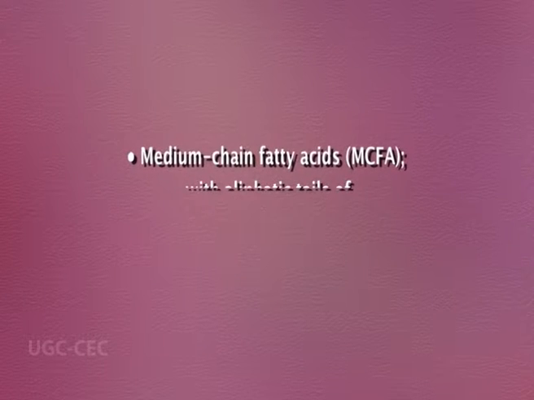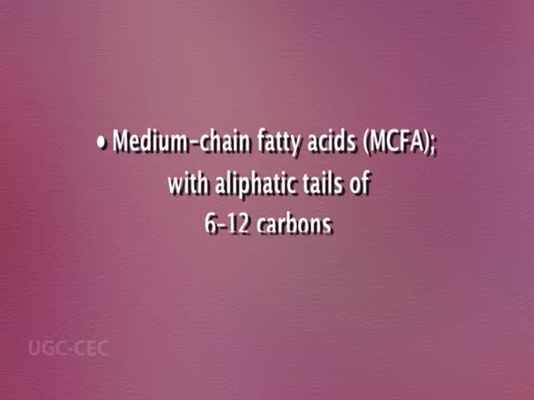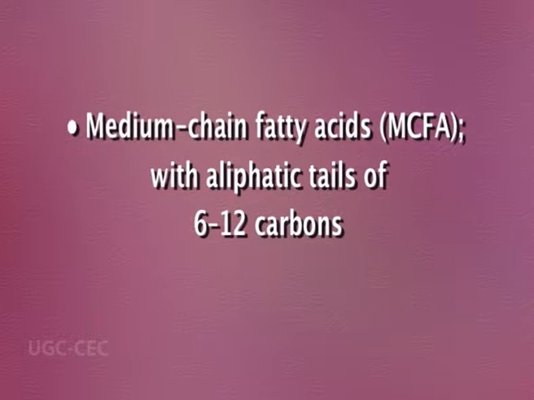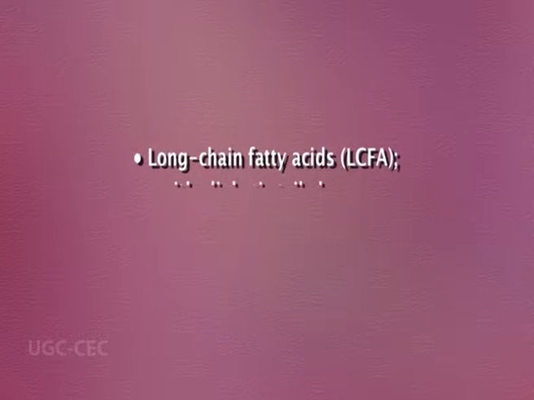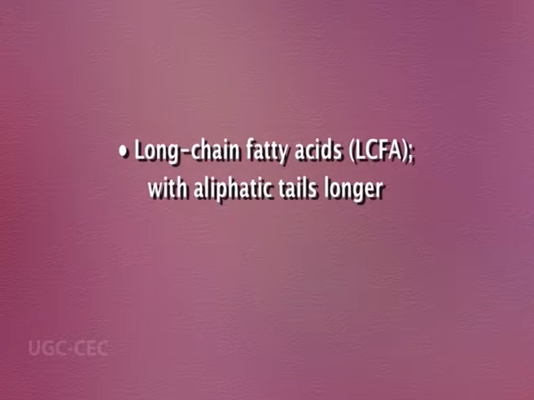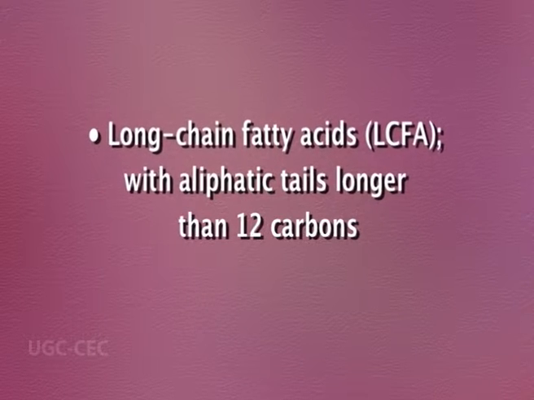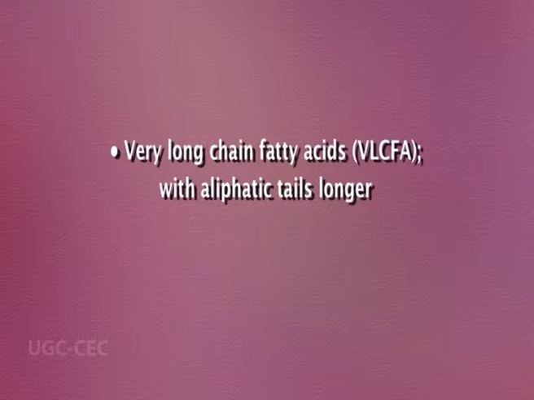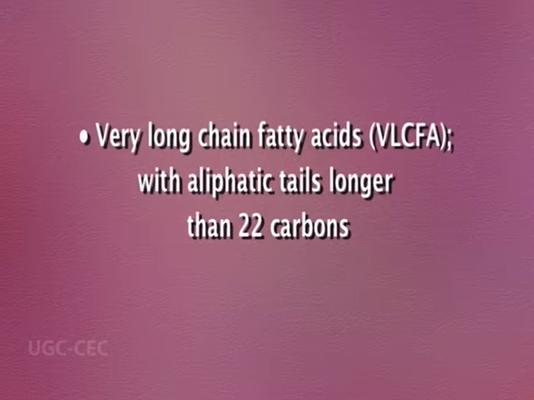Medium chain fatty acids have aliphatic tails of 6 to 12 carbons long, which can form medium chain triglycerides. Long chain fatty acids have aliphatic tails longer than 12 carbons. Very long chain fatty acids are another class, with aliphatic tails longer than 22 carbons.